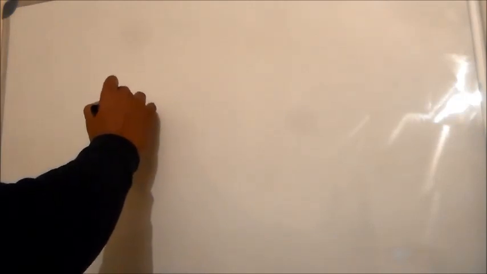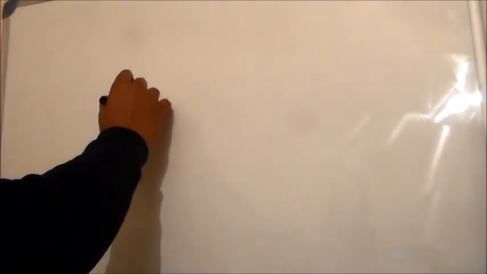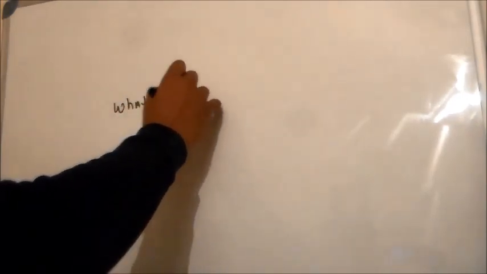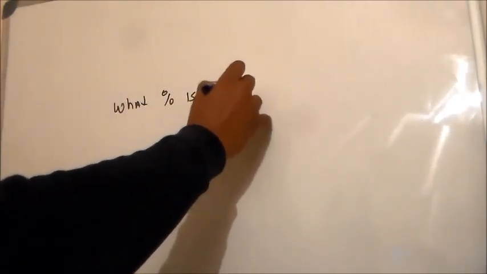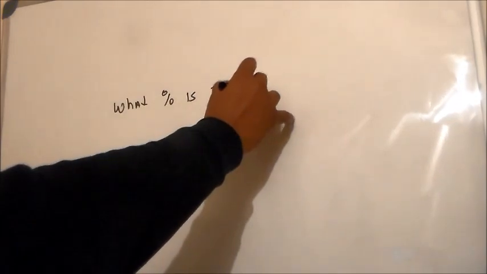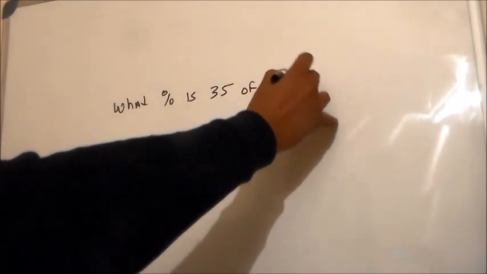Negative numbers, we do fractions. They also cover percentages. It's important that you remember the is over of formula. Let's say they ask you, what percent is 35 of 100?